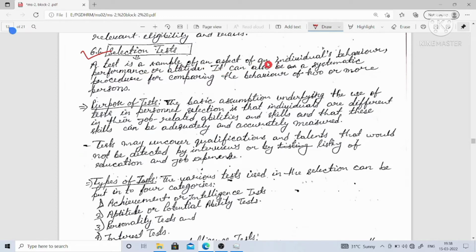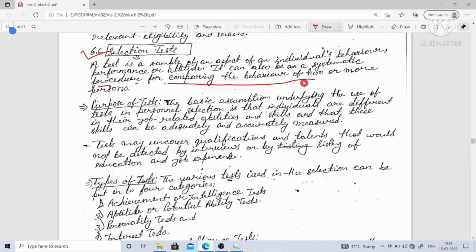So in the selection test, the behavior of individuals is compared with the standard behavior set up for that particular kind of job.